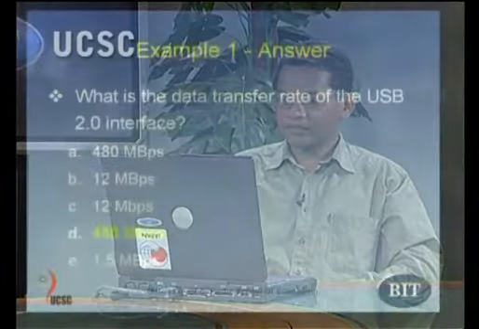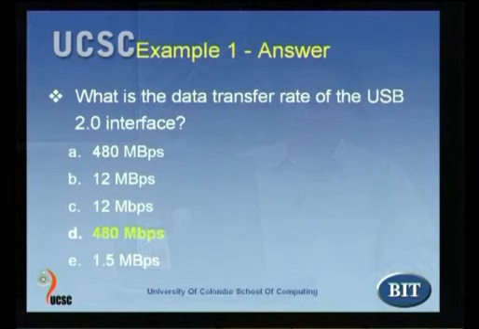So what would be the answer in that case for this particular question? Yes, so the answers given are 480 megabytes per second, 12 megabytes per second, 12 megabits per second, 480 megabits per second, and 1.5 megabytes per second.